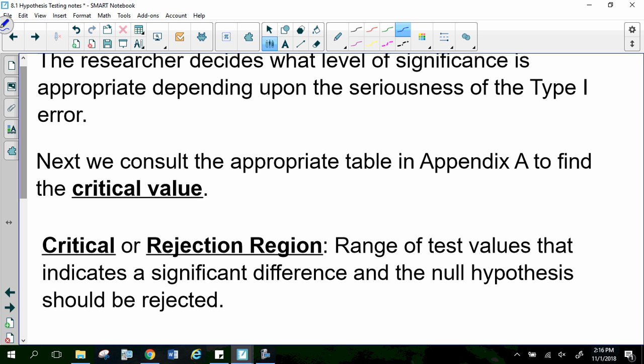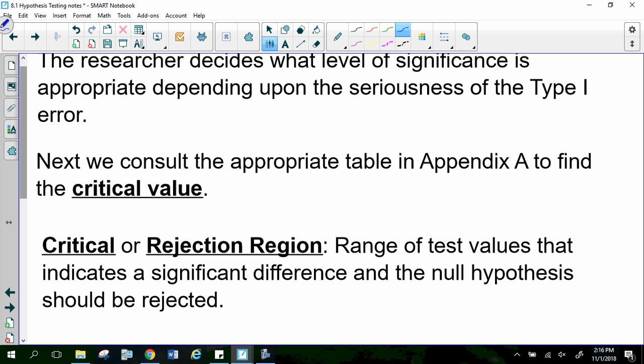If it's going to affect the health of someone, then it'd be pretty bad, so I'd want my alpha to be very small. If it's not as serious to make that error, if I'm just talking about behavior or something like that, then you can have a bigger alpha.